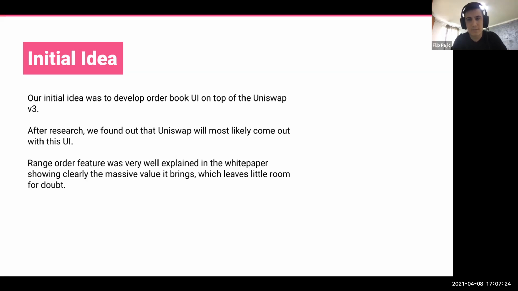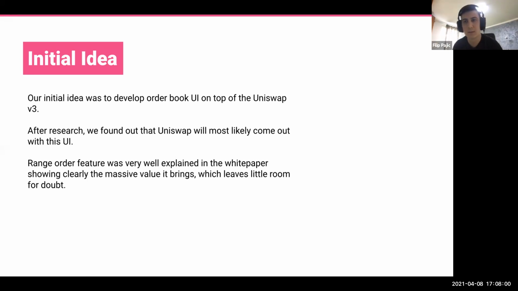After some research, we saw a lot of occurrences of range swaps, showing high potential, and it seems that Uniswap itself has seen that it has a lot of value. We have a lot of reasons to believe that what we initially thought to develop is actually what they are developing in their own UI, which is going to be released on May 5th, if I'm not mistaken.